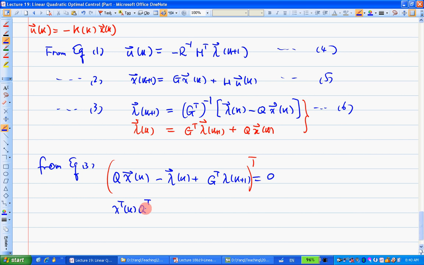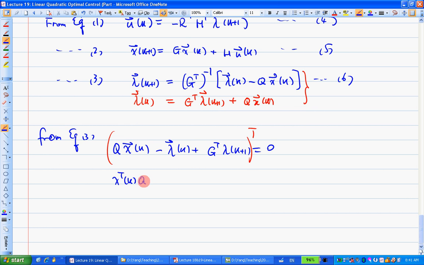And q, if you remember, is a weighting matrix. What's the nature of q and r? You always choose q and r as diagonal and also symmetric, which means q transpose will be the same as q. So when you pick the Q and R for the optimal, make sure they are symmetric.